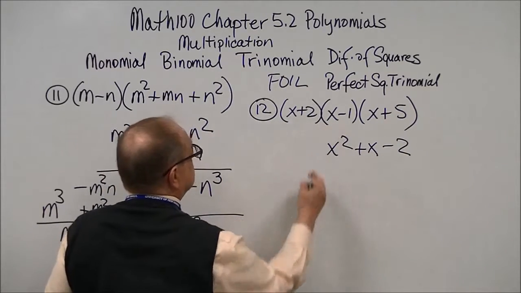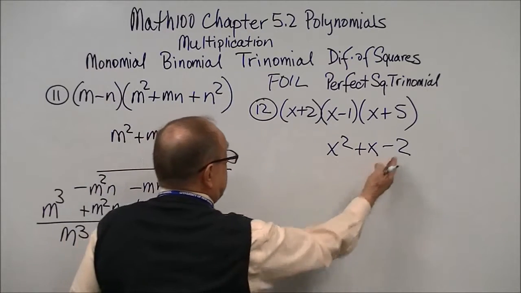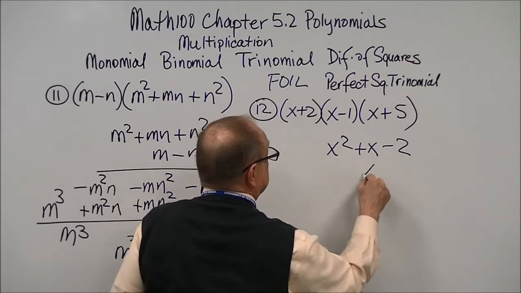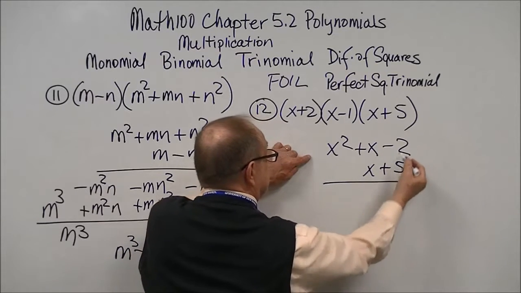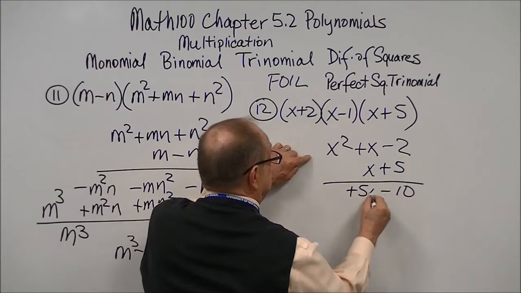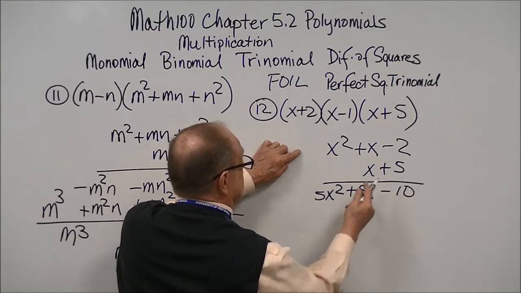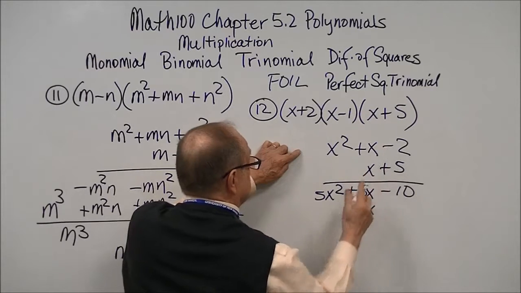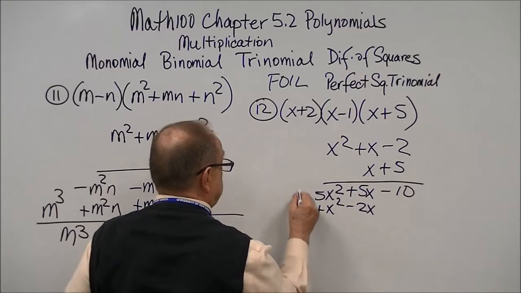So if you did that the traditional way, you'd have like terms, you'd have to eventually get this. And now we multiply it by this term. So this times this, negative 10, plus 5x, 5x squared, negative 2x, x squared, x cubed.